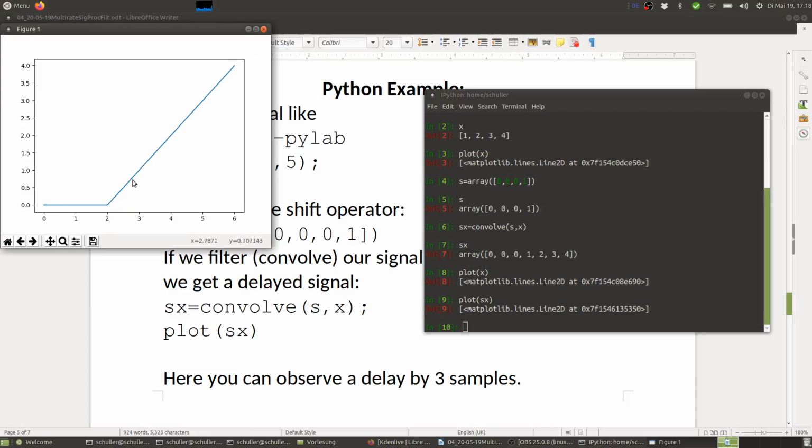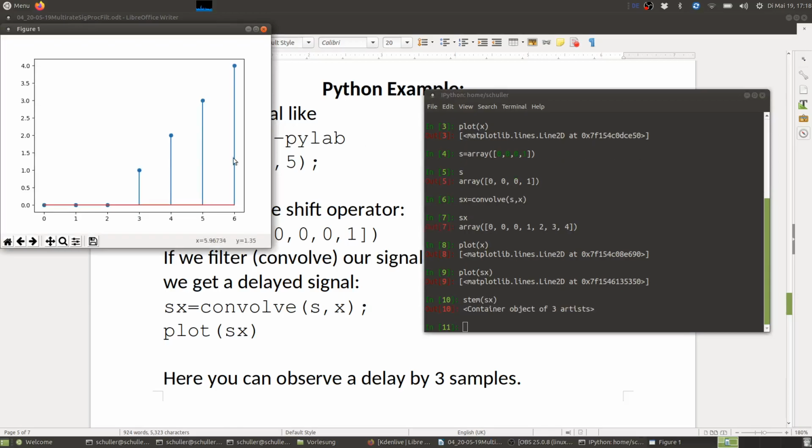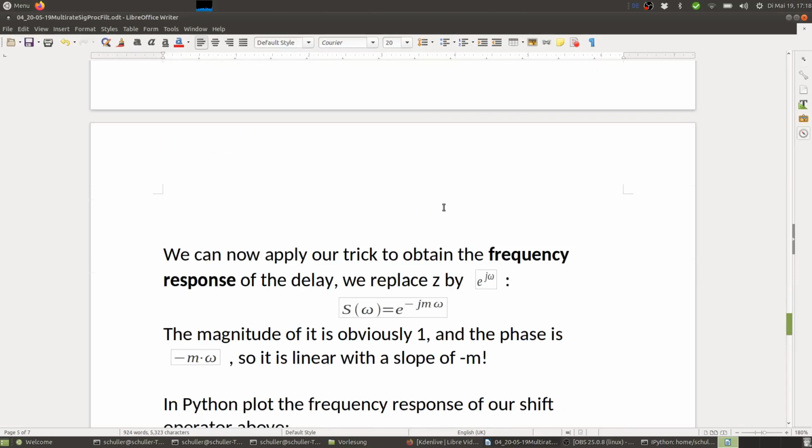And this line in between is basically an artifact from the plot function, which always draws straight lines between points. I could also say stem of sx to see the individual samples. So this makes it now more clear, right? The first 3 samples are 0, and then the actual signal starts with sample number 3. So here we can see this delay by 3 samples.